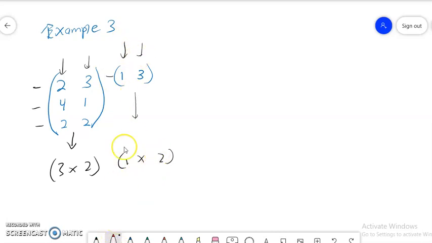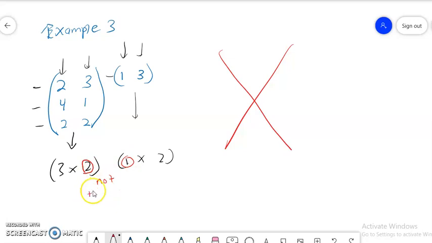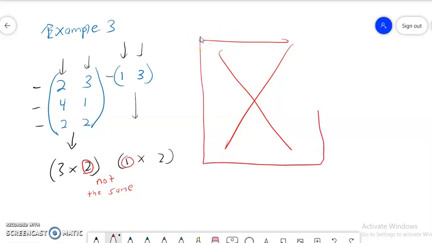Now this matrix cannot be multiplied, because you have 2 here and 1 over here. Not the same. Got it? It's not the same. So we cannot perform the multiplication for this matrix pair.